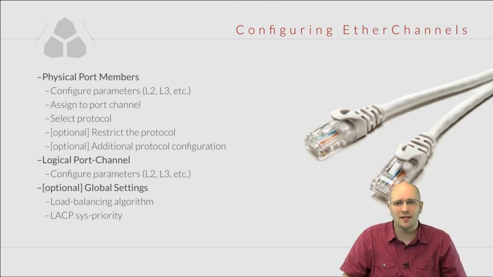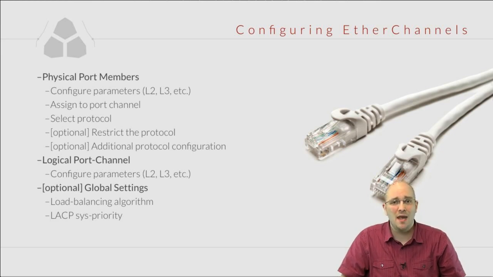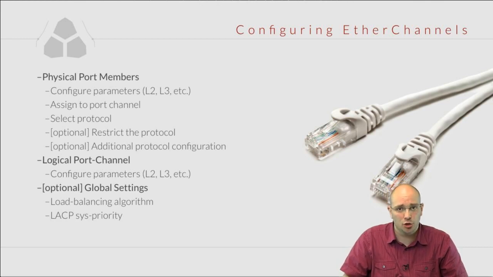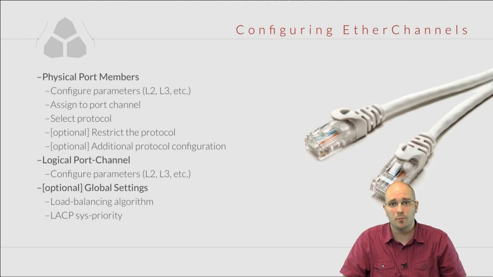So I recommend that even though the port channel may be created for you automatically, you manually go to interface port-channel with the ID that you used when you assigned groups to that port channel, and then perform necessary configuration. Make it layer 2, access, trunk or dynamic port, or make it layer 3. Don't forget, this is where you need to configure your IP address in a case of a layer 3 port channel.